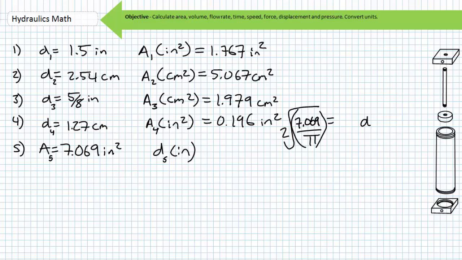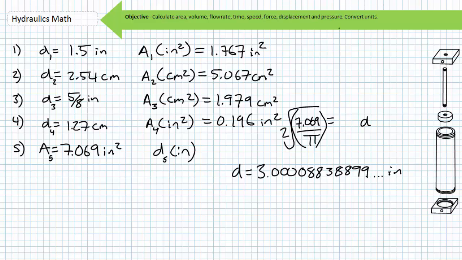We can now substitute in our given area of 7.069 square inches and press enter. The calculator yields a result of 3.00008838899 inches, which is totally wrong. You don't make hydraulic cylinders with 3.00008838899 inch diameters.